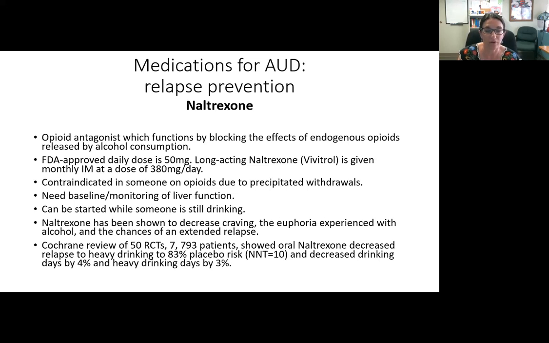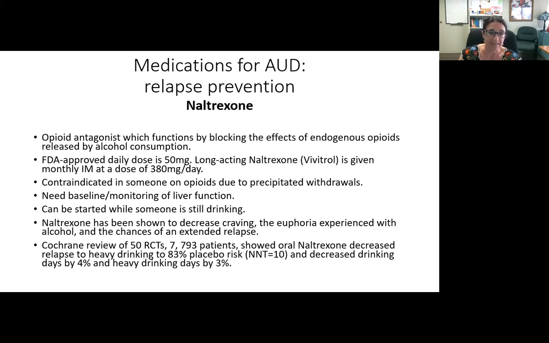And so for alcohol use disorder, it's been shown to be very effective, both in the pill form and the extended release form. And it blocks the effects of endogenous opioids that are released by alcohol consumption. So it basically is going to help block that reward pathway to decrease the chance of an extended relapse if someone were to have a lapse to alcohol.